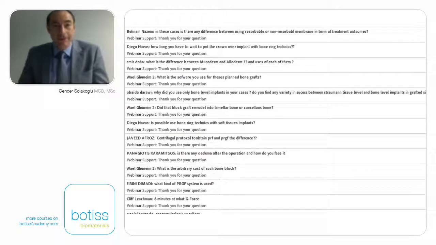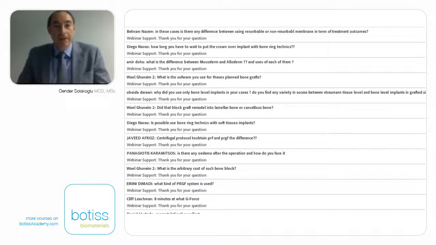Next question: in these cases, is there any difference between using resolvable or non-resolvable membrane in terms of treatment outcomes? That's also a very good question. Technically speaking, there is probably not a big difference, because the resolvable membranes that I use have a very slow degradation time.